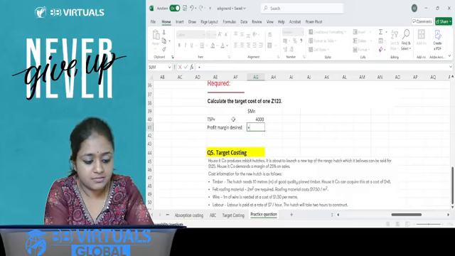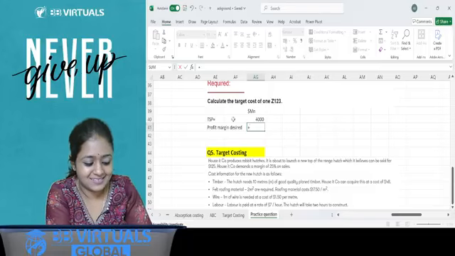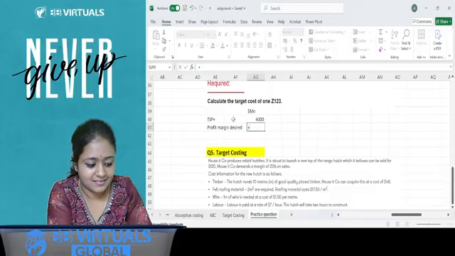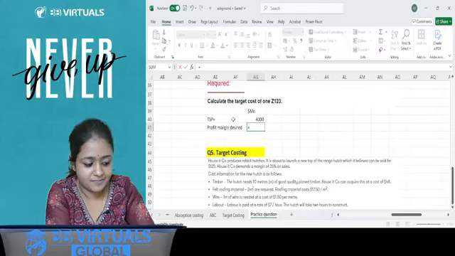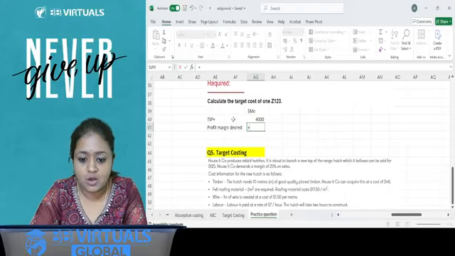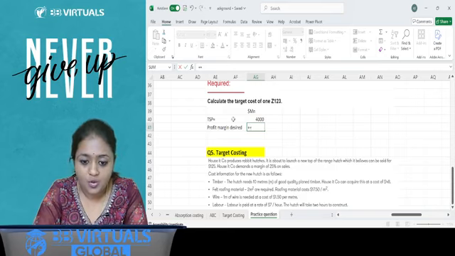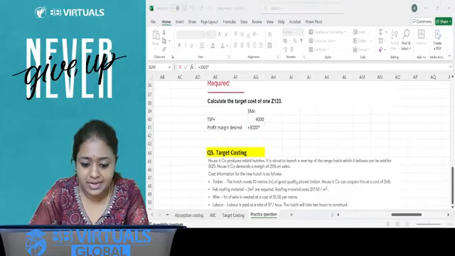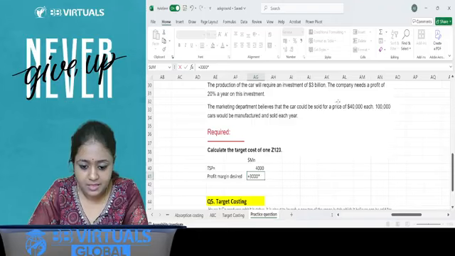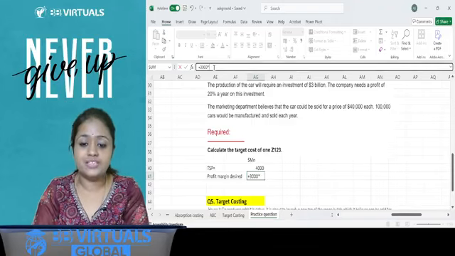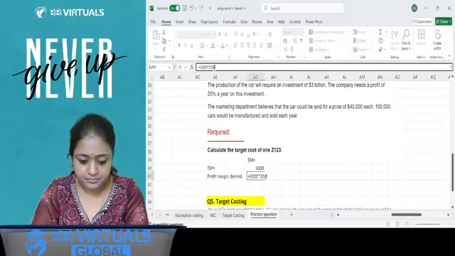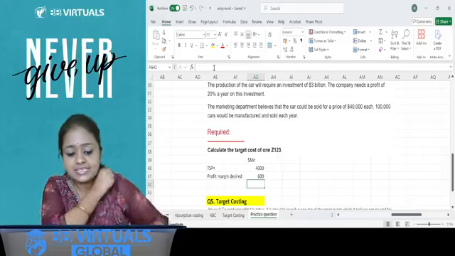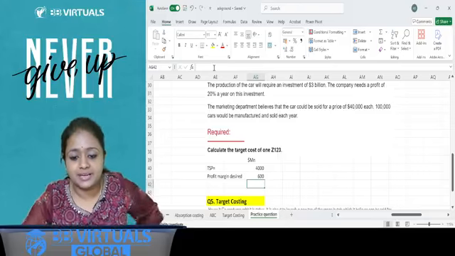How much is 3 billion? 1 billion is equal to 1000 million, right? So 3 billion is 3000 million. So that is 3000 million multiplied by the rate desired, 20% is the return. And we get 600. Okay, so the profit margin desired is 600.